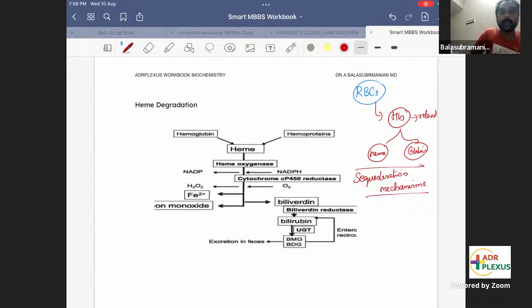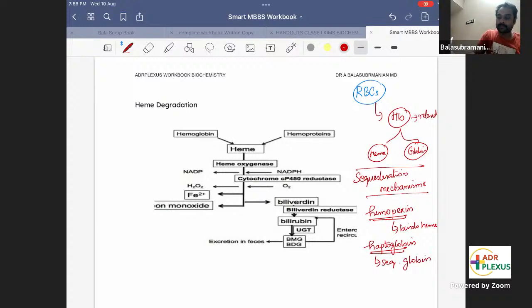One protein to recover all the heme which is lost. That protein is called hemopexin. So hemopexin binds to the heme and sequesters it. What about the globin part? The globin part is sequestered by haptoglobin. Haptoglobin sequesters globin.